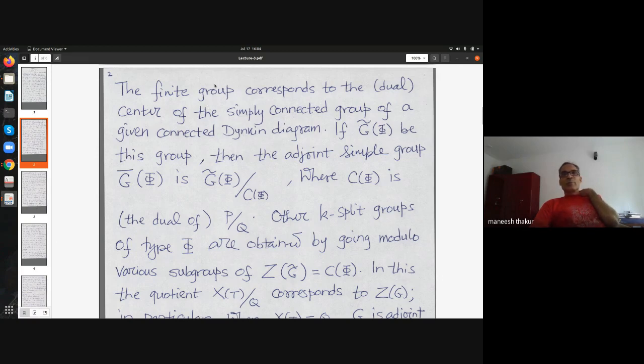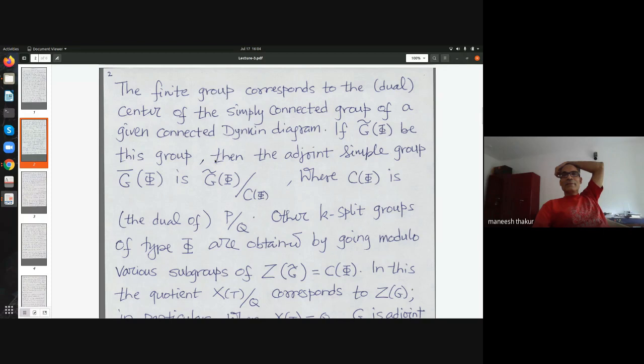So that is what P mod Q gives us, actually, for the simply connected group of the type we started with. In other words, let us suppose phi is that root system we started with, and G tilde phi is the corresponding simply connected group, which we construct using the Chevalley construction.